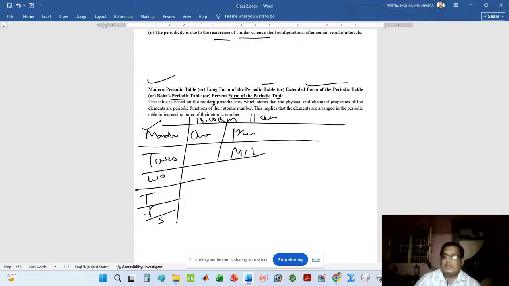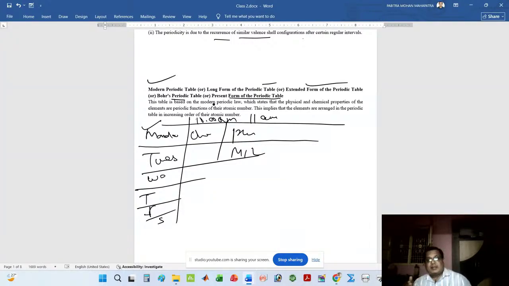As per the principle, generally I can say that the modern periodic table follows a law, which is said to be the modern periodic law. Like Mendeleev's periodic table also follows a law, which is Mendeleev's periodic law. Similarly, the modern periodic table follows the modern periodic law.